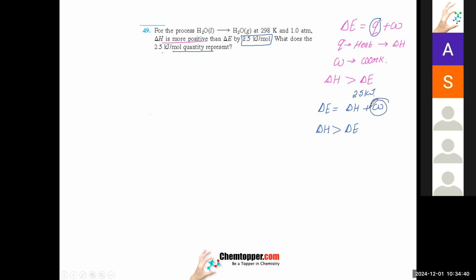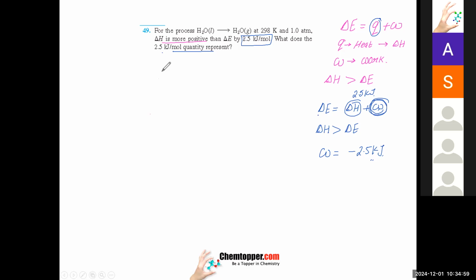So what is W, children? W is minus 2.5 kilojoules, isn't it? This W is minus 2.5 kilojoules. Because delta H is more than delta E, it means work is done by the system.